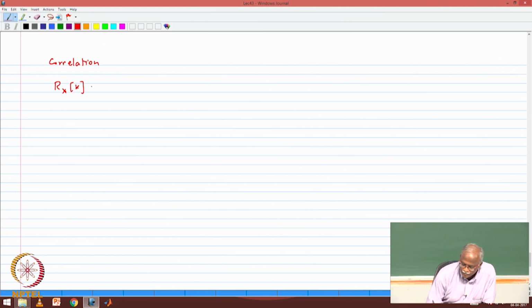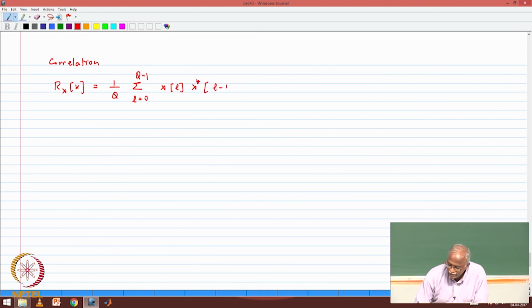So basically if I now define a correlation, I am defining a very specific type of correlation, please note the definition. Rx of k is defined as 1 over q, summation L equals 0 through q minus 1, x of L times x star of (L minus k) modulo q.